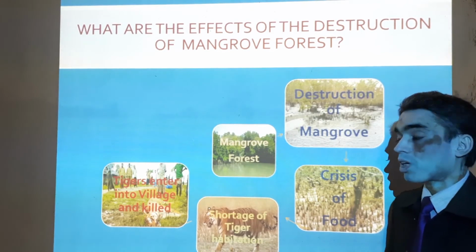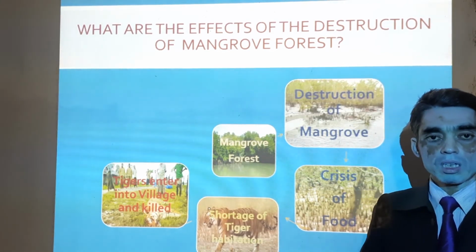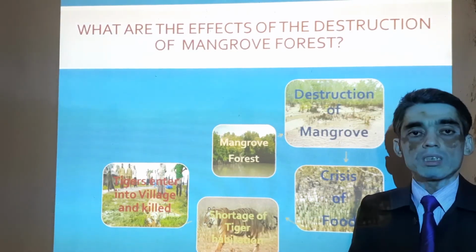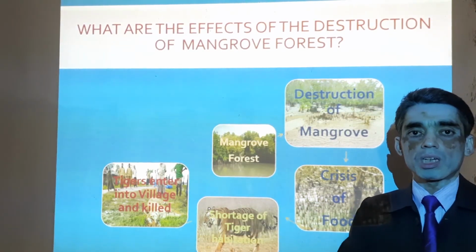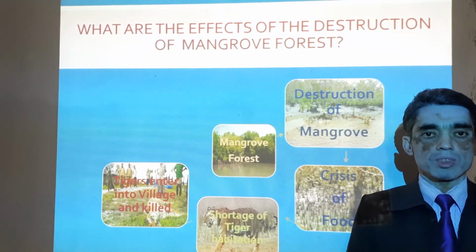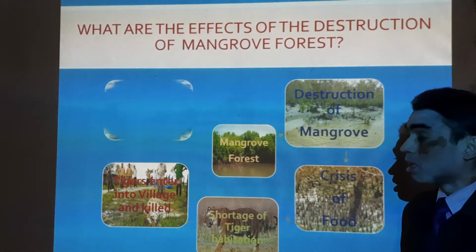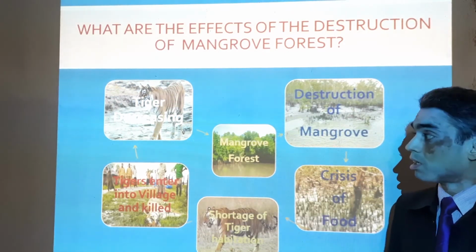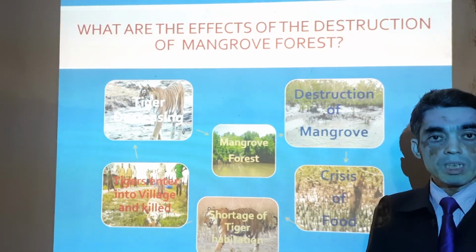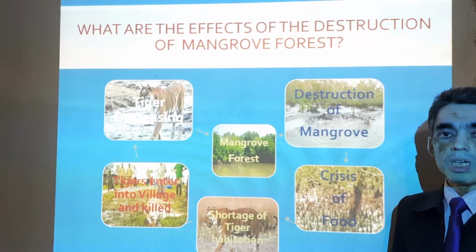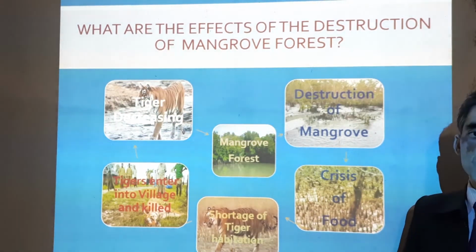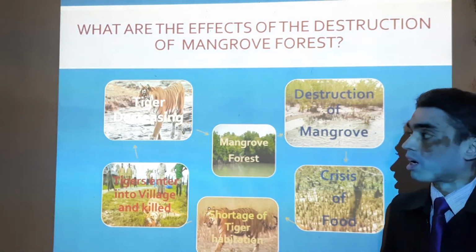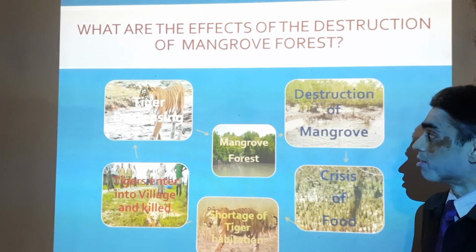Tigers will enter into the villages because they will lose their habitation, and they will be killed. Or the tigers will kill people, or people will kill tigers. And if this happens continuously, the day will come when the number of tigers will decrease, and we will be so sorry that we will lose our wild asset, the Royal Bengal tiger.